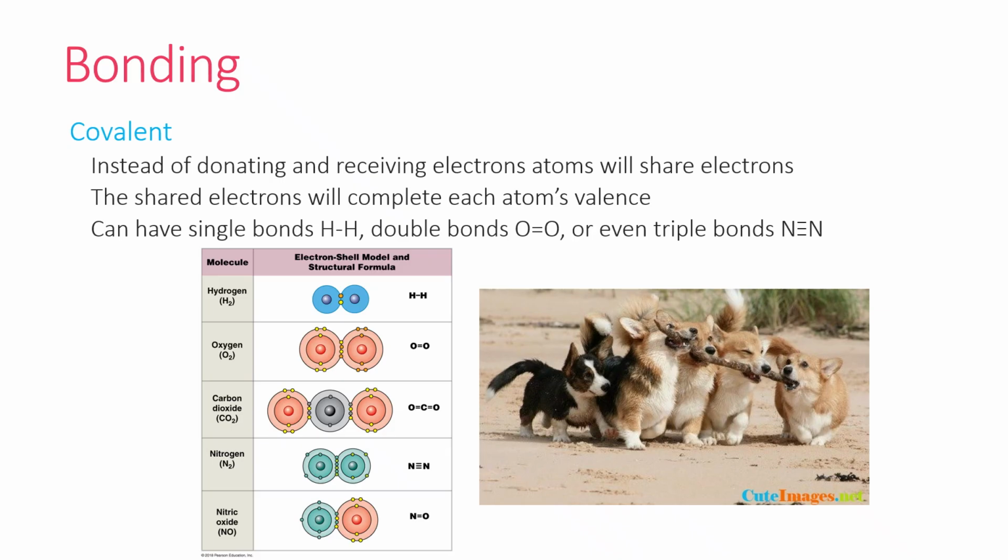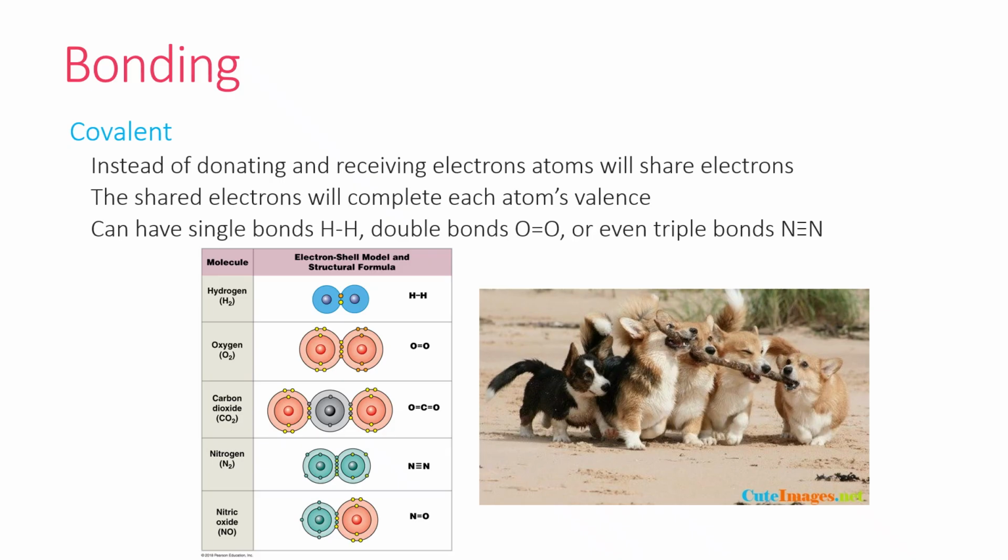And what they do, instead of saying, "Hey, give me your electron," and here, have my electron, they say, "How about we share these two electrons?" So now, because they have two electrons, this atom has two electrons in the valence shell, which fills the shell. And this atom has two electrons that fill the valence shell. So they are going to be sharing these electrons.